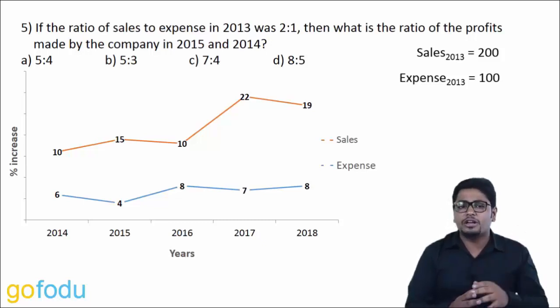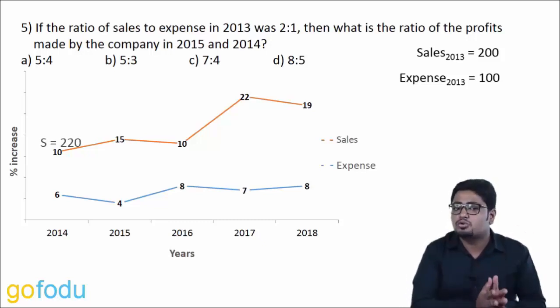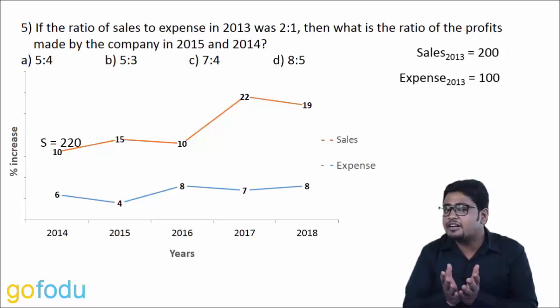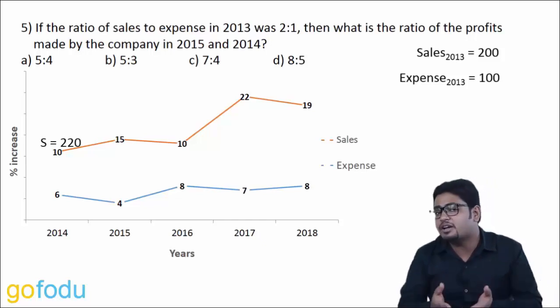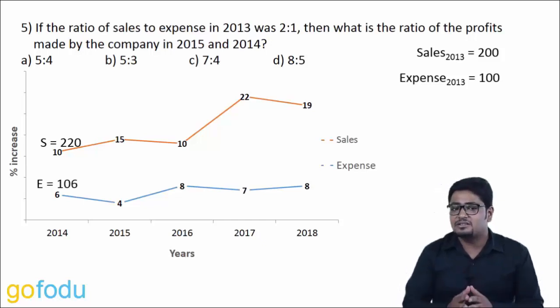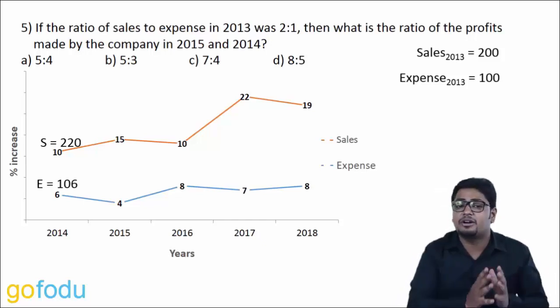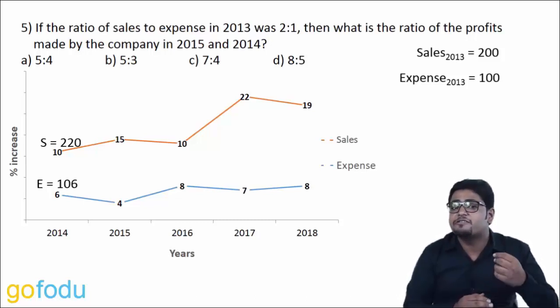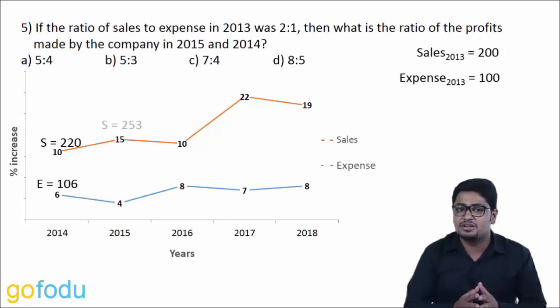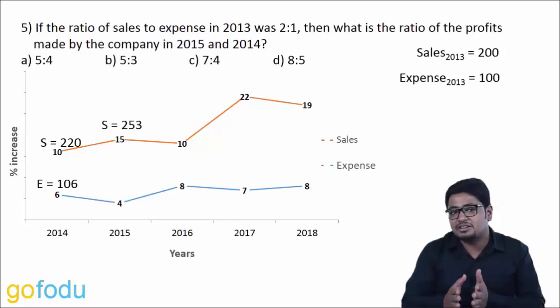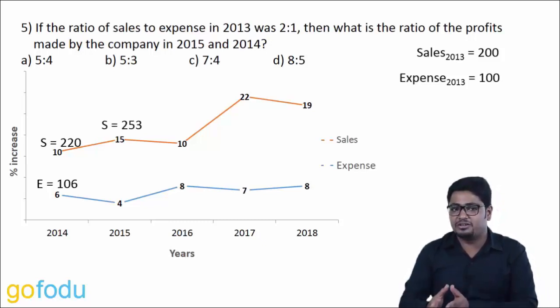Now in 2014, sales becomes 220 after having an increment of 10% over 200 and expense becomes 106 due to the 6% increment on 100. In 2015, sales should increase by 15% of 220. So it becomes 220 plus 33, 253.